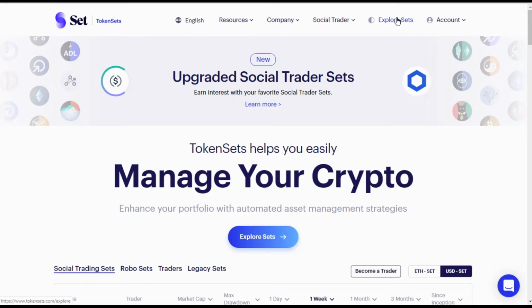Okay, so like I say, they do this thing called Social Trader, and these are big hitters that are in the trading community. They've come in, they've opened up these trader accounts, and then basically they give suggestions of sets that you might want to follow.